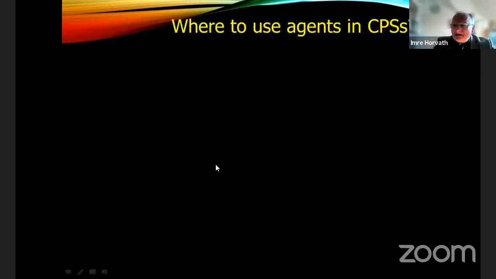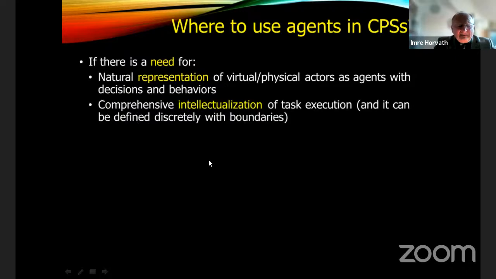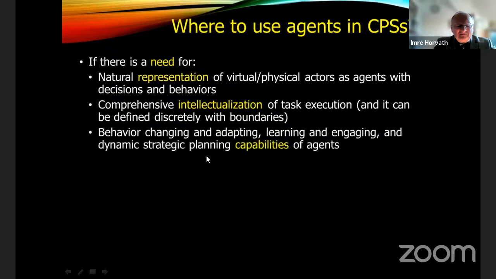So the next question to address is where to use agents inside our physical system. We can formulate a couple of reasons, and every one of them reflects a particular need. For instance, if there is a need for natural representation of virtual and physical actors as agents with decisions and behaviors. If there is a need for comprehensive intellectualization of task execution, which can be defined discretely with boundaries.